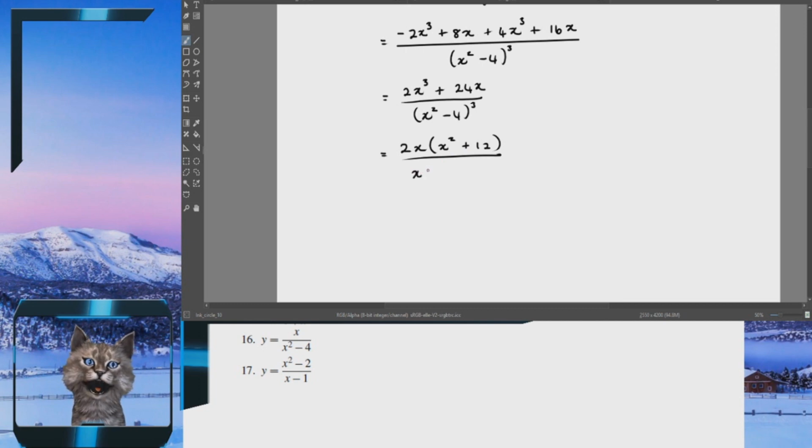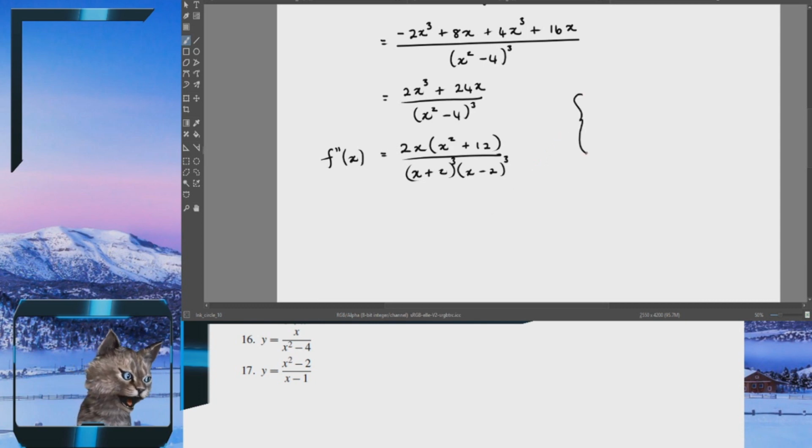I can, however, factor the bottom at this stage because I am done. There are 3 of each of these. And there is my second derivative. Now, let's look at our 2 checks. Second derivative is 0 when?